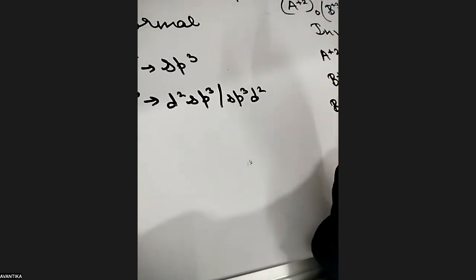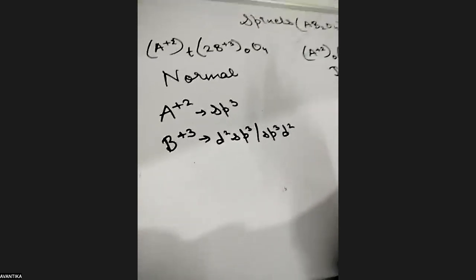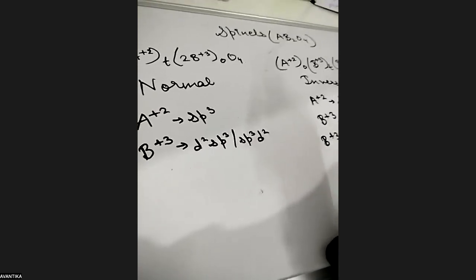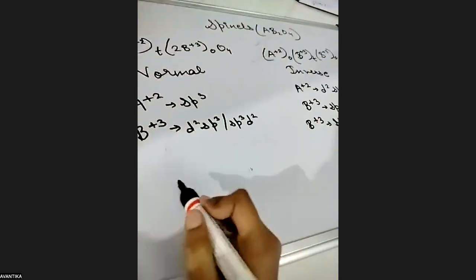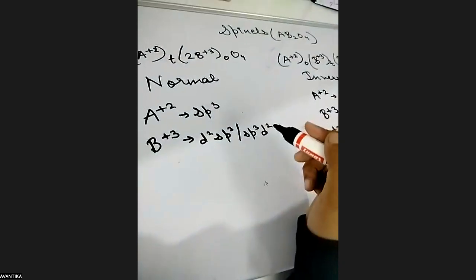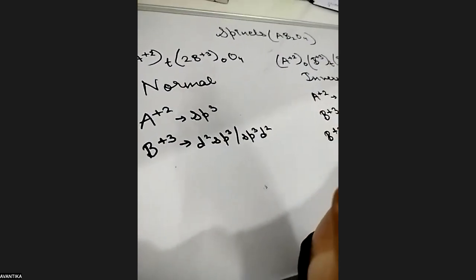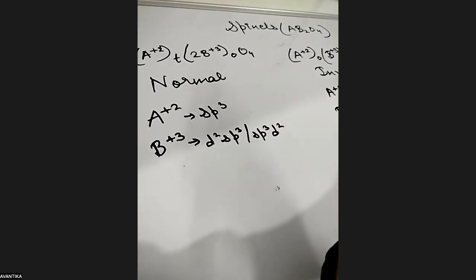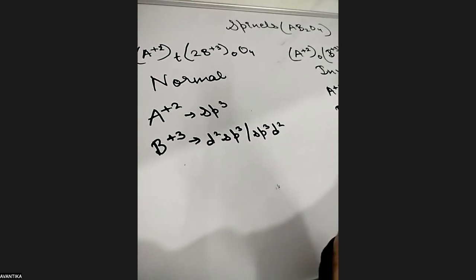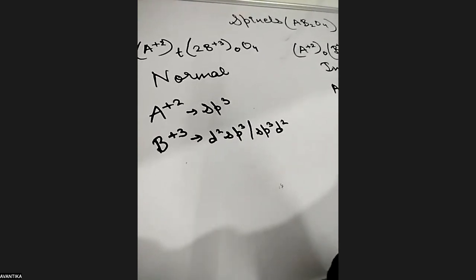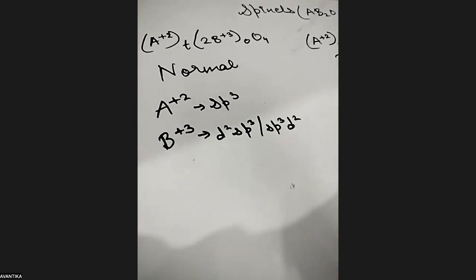So there is a parameter called the spinel parameter, which is denoted by lambda. We can find out the spinel parameter by finding the number of B3+ ions which are present in tetrahedral void upon total number of B3+ ions.